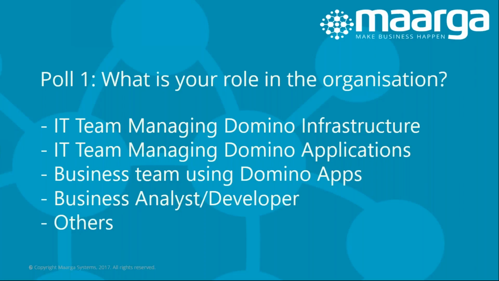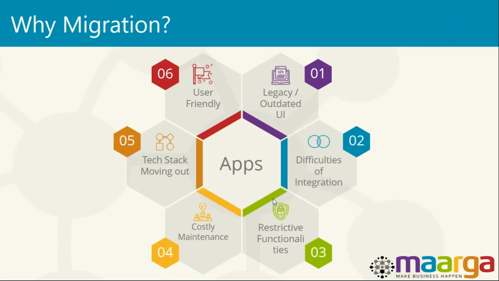So we have a good mix, and I think that aligns because we talk to these two groups a lot in large enterprises where there is a workplace services team which manages the infrastructure and the support of it, and then there is the enterprise applications team which manages the development of applications and its support. So those are the two core roles that we talk to often when we are talking about Domino and Domino apps. So it's good to know that we have a good mix of those roles in today's webinar.